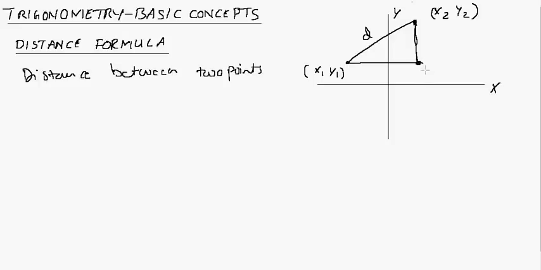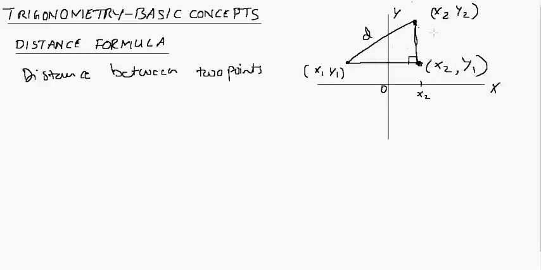Now the coordinates of this point here, where it forms a right angle, are x2 because it's x2 units, and y1 because it is y1 units above the origin. This is the origin.